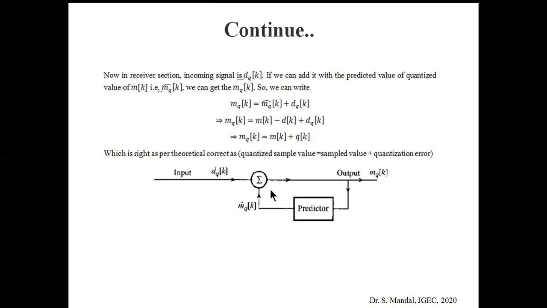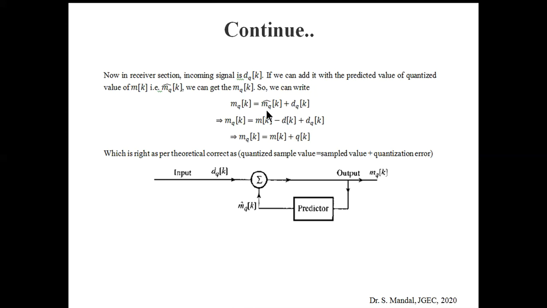So if we add dqk with the predicted value, the predicted and quantized value of mk, then obviously we can get the output mqk. Okay, so here we can write mqk is nothing but its predicted value plus the error value. If we add the predicted value with the current difference value, we can get the quantized value of that signal. So mqk equal to mqk cap plus dqk.